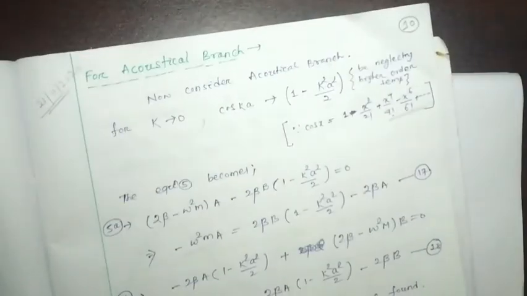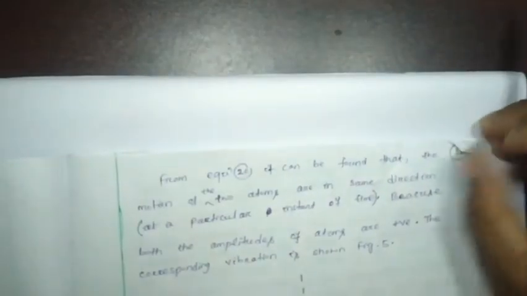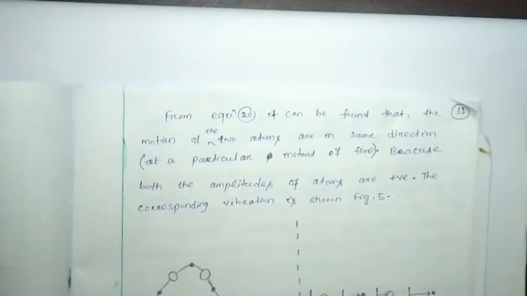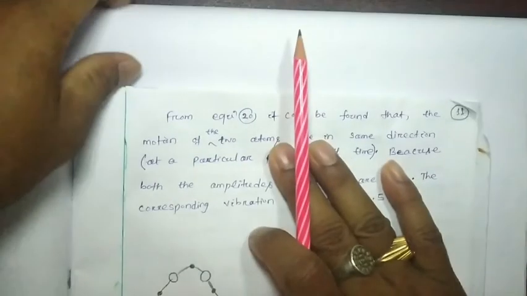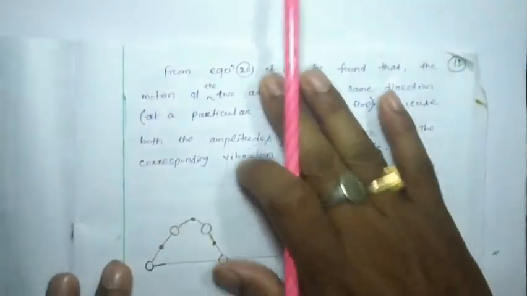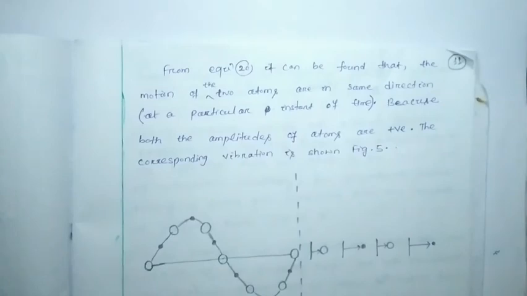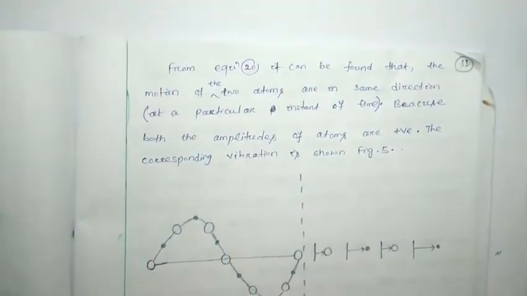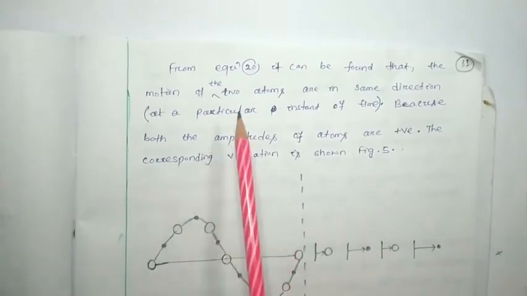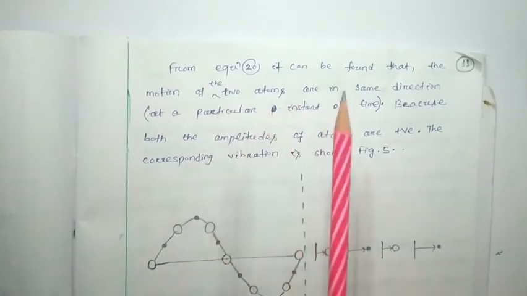So from equation number 20 it can be found that the motion of the two atoms are in the same direction at a particular instant of time, because both the amplitudes of the atoms are positive. See, here I just changed the language, but you should not be confused.